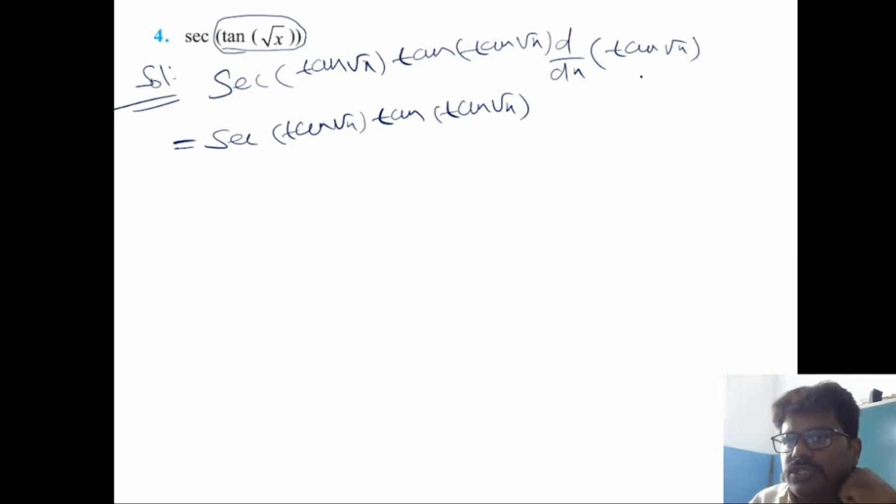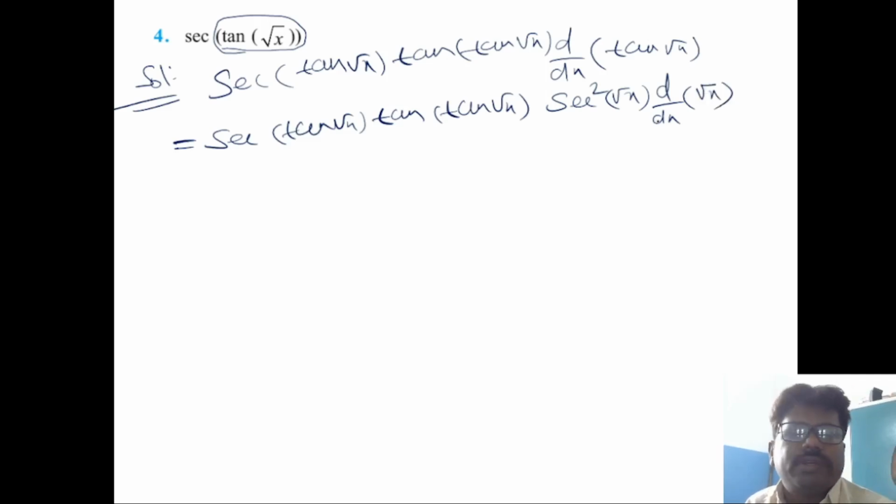Here also we have 2 functions. One is tan x, another function is root x. So you treat this root x as x, so it becomes tan x. So we have to write the differentiation of tan x, which is secant square x. So whatever the x we have, you write that. Now the function of function derivative, which here is root x.